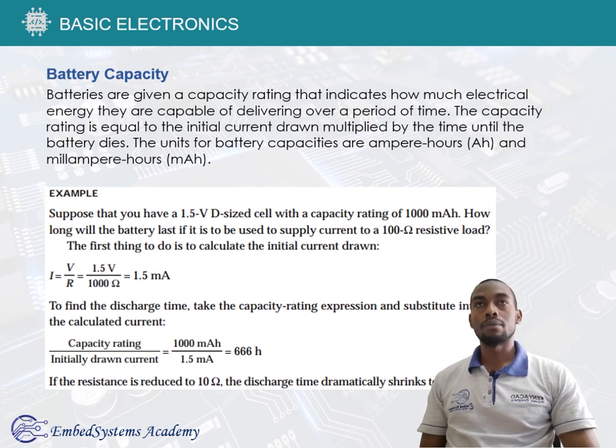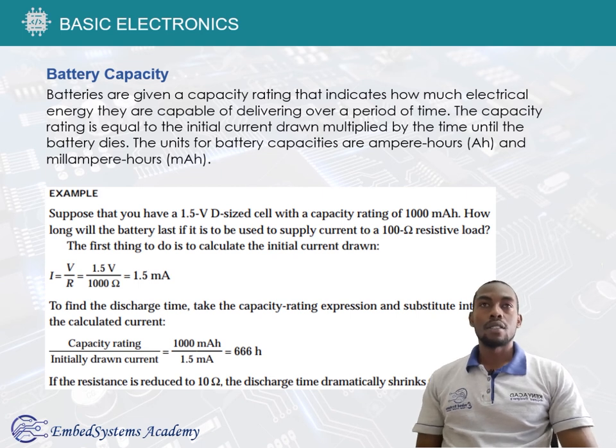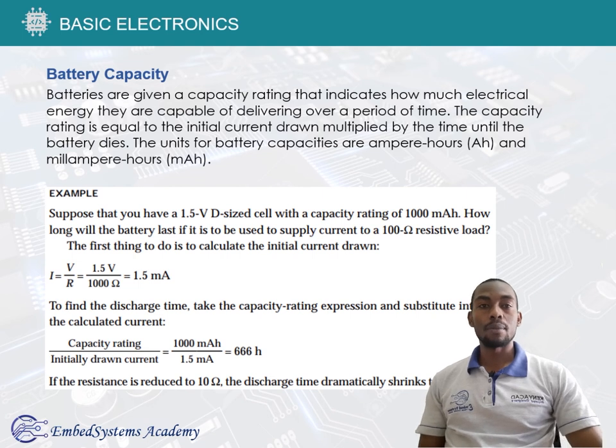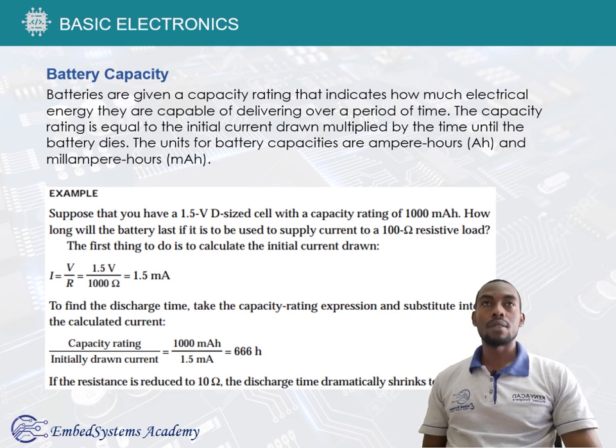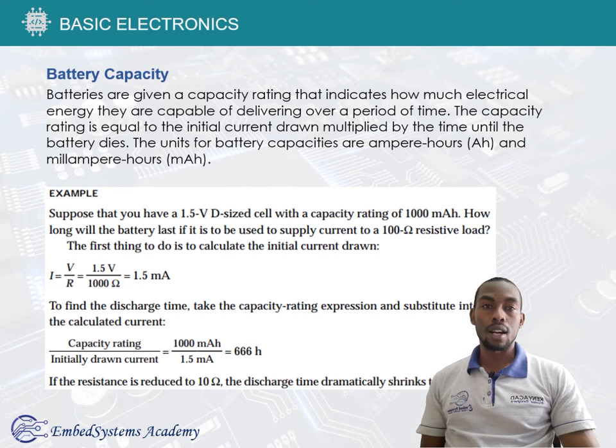The unit for battery capacity is actually ampere hours, or sometimes milliampere hours. So the simple calculation there is to determine how long your battery can last. When we talk about ampere hours, it means your battery can supply a certain amount of amperes, that is current, for a certain period of time in hours.